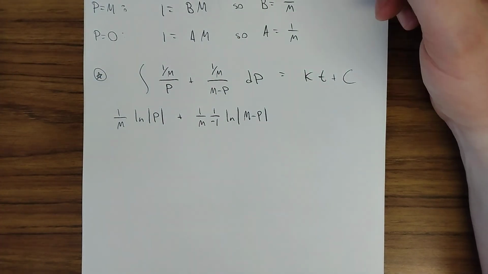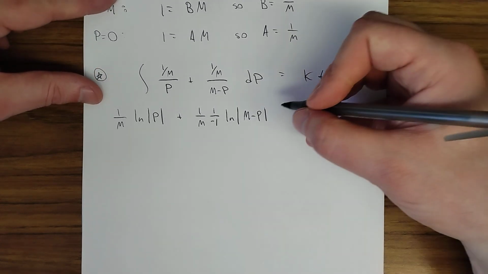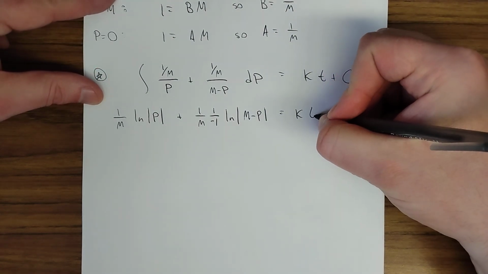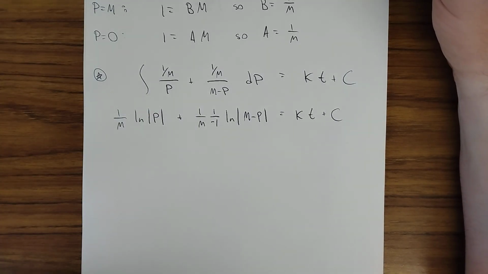I would call it 1 over negative 1. That just makes it negative. Okay, so the antiderivatives are over.